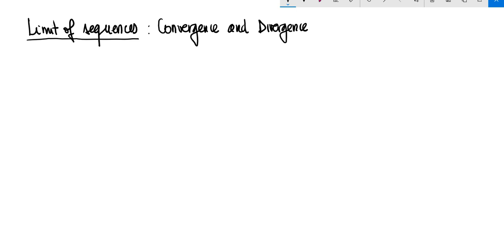All right, so first, if we consider the sequence an, which is 1 over n, we saw that this sequence looks like 1, 1/2, 1/3, 1 over 4, and so on.